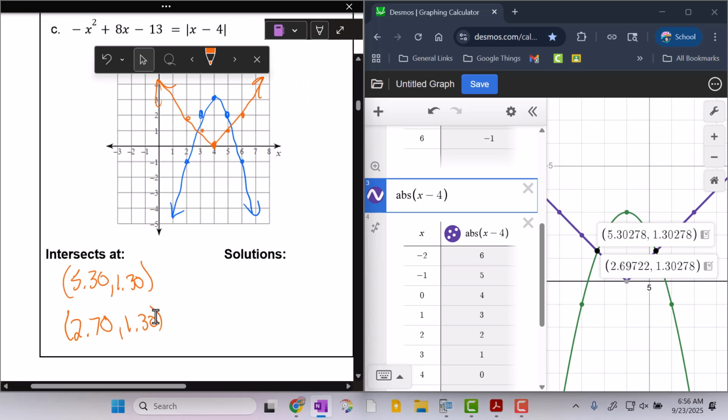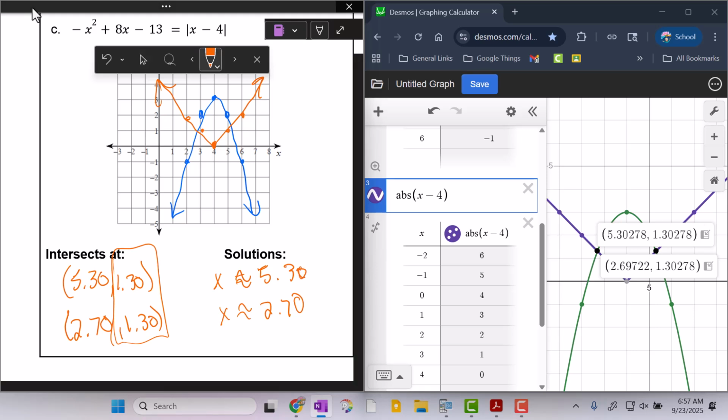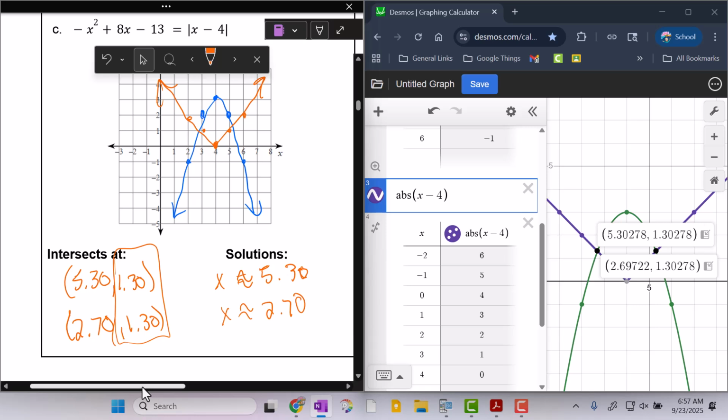So the reason they're both solutions is that they have the same y value, but our x values are the solutions. So approximately 5.30 and approximately 2.70. And round to whatever they say to round to. They say hundredths, we have 2 decimal places. They say thousands, we have 3. Tenths, we have 1.